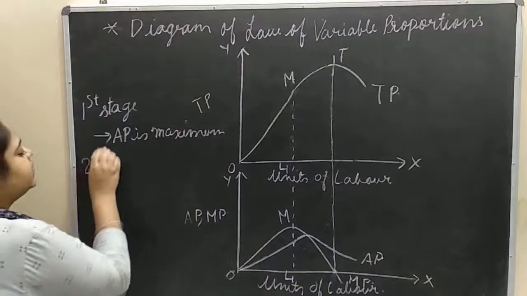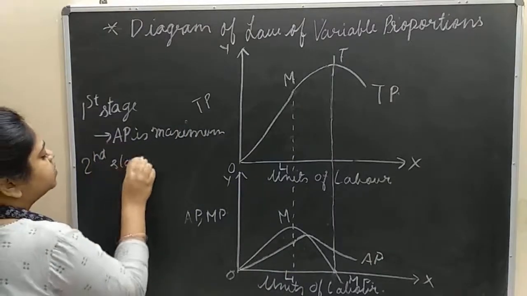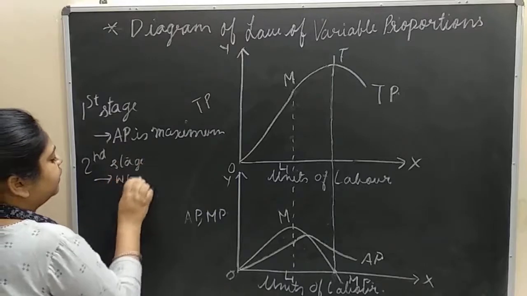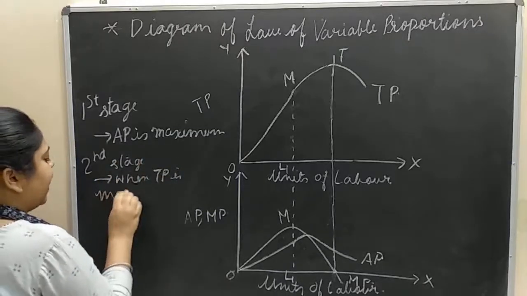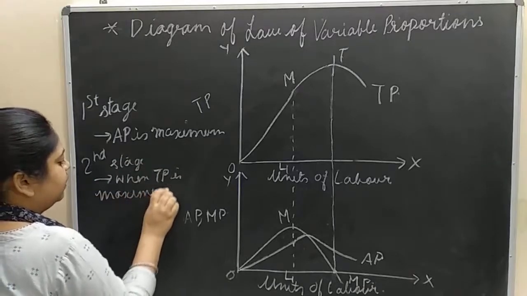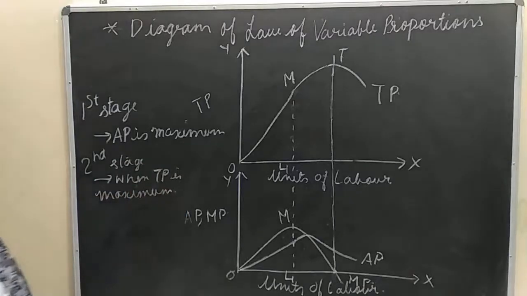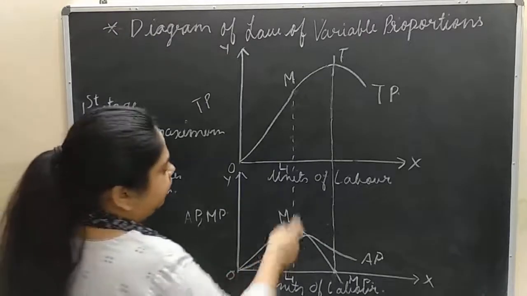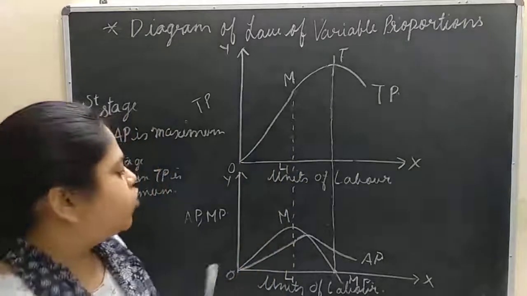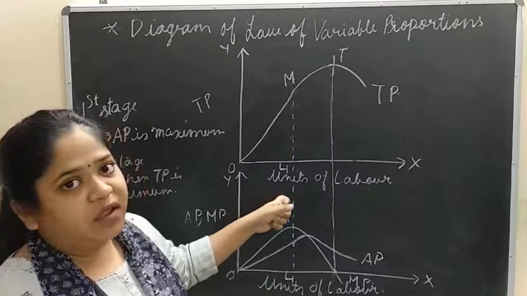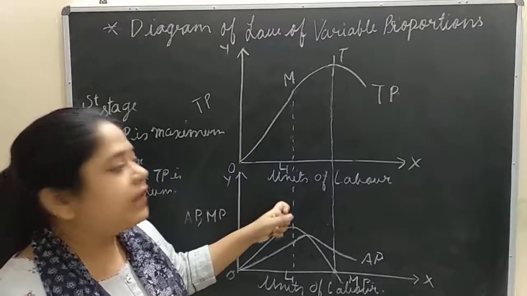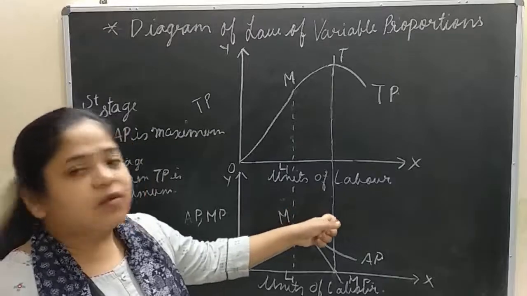The second stage ends where TP is maximum, and the remaining part is the third stage. So first ensure one thing: this is a dotted line, this is a straight line. The MP line will be dotted, it cannot be a straight line, it must be a dotted line, and this will be a straight line.